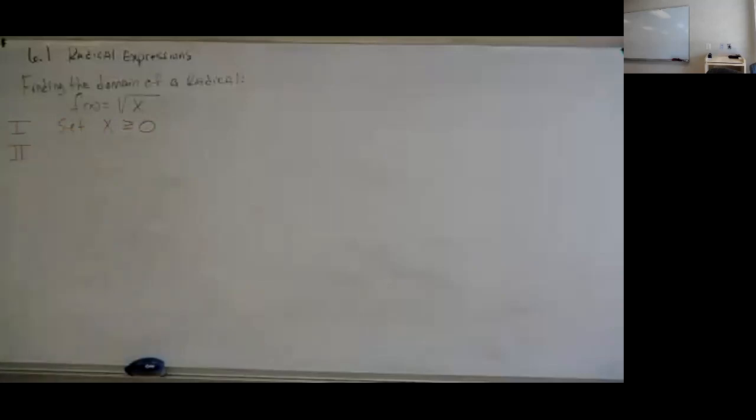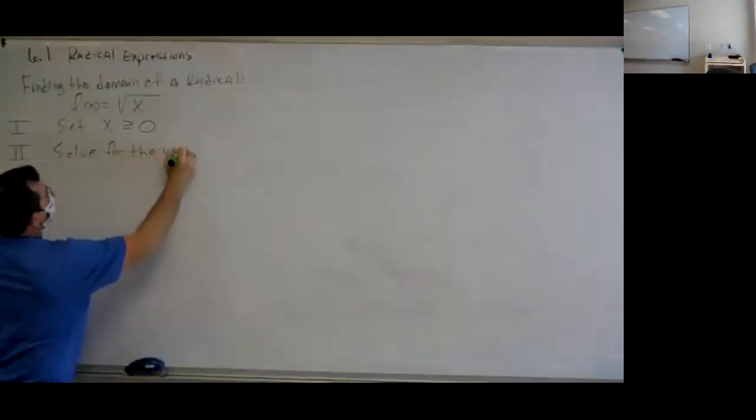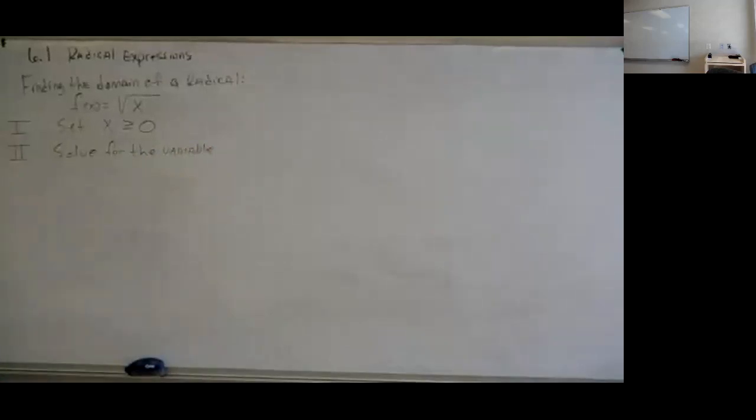We then would solve for the variable, or solve for the x. When I do that part, I'll end up with something like x is greater than or equal to 2. x is greater than or equal to negative 2. Something like that, okay?